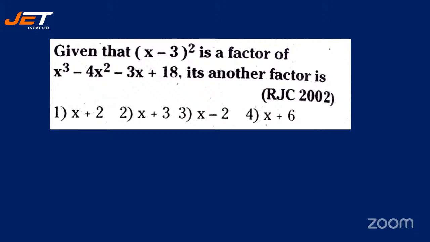The question says, given that x minus 3 the whole square is a factor of x cube minus 4x square minus 3x plus 18. Okay, so x minus 3 is 0, so x is equal to 3. Okay, like that you have one factor. What is the other factor?